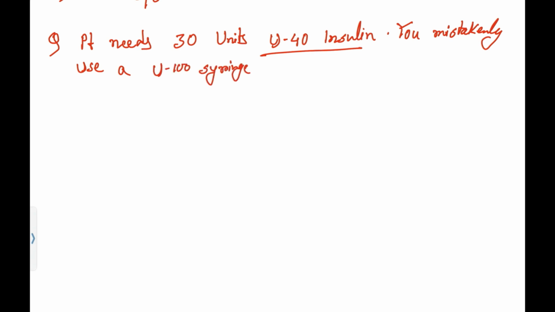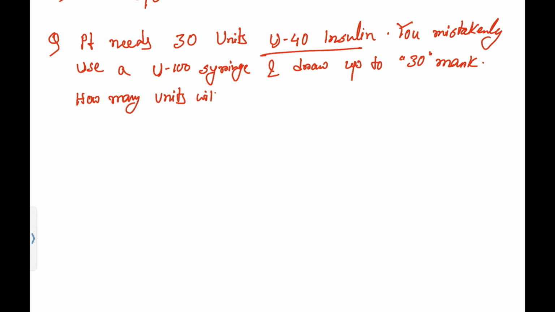So this kind of scenario can also come in the exam. And you used a U100 syringe and drew up to the 30 mark. So how many units will the patient actually get? Okay, so how will you solve this kind of question?